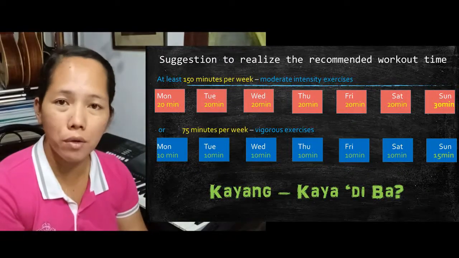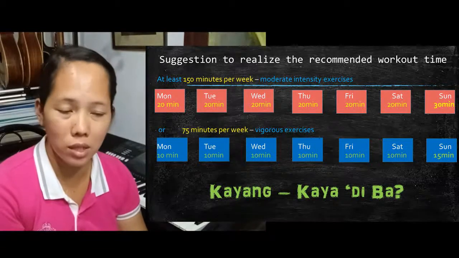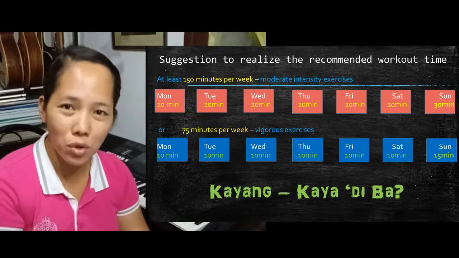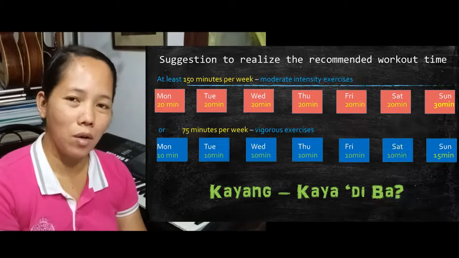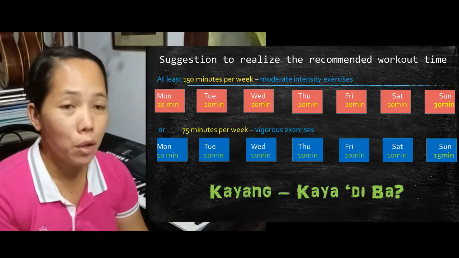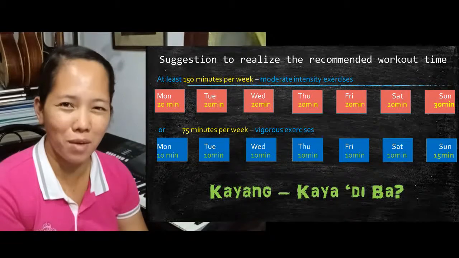So if it's 150 minutes, so from Monday to Saturday we can have 20 minutes only na to do cardio. Now 20 minutes only from Monday to Saturday, and on Sunday we can have 30 minutes. So altogether that's 150 minutes.